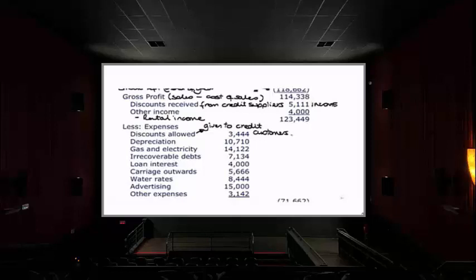Now, if we sell goods to a customer for $100, that $100 would be sales income or sales revenue. But when the customer pays you, they take $2 off. Okay? That $2 is a discount that you've given them, maybe for paying early. In which case, you've overstated your sales income of $100. It should actually be $98 because they took that $2 discount.